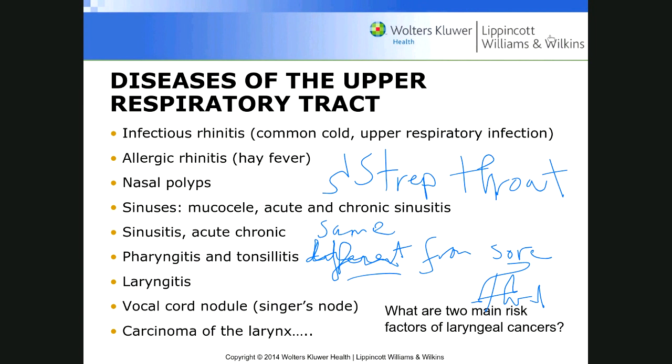Two good things to note: signs of strep throat are white patches on the tonsil or throat and red spots on the roof of the mouth.